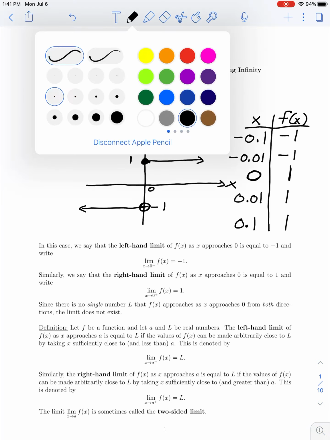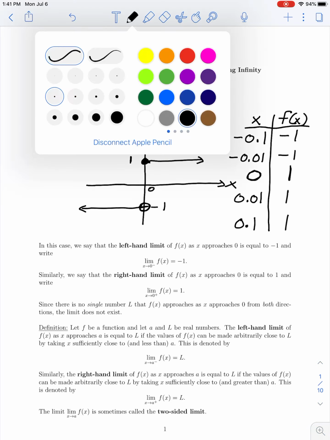However, since there is no one number that the values of our function f of x are approaching as x approaches 0 from both directions, we would say that the limit that we were interested in, that is the limit as x approaches 0 of f of x, does not exist.